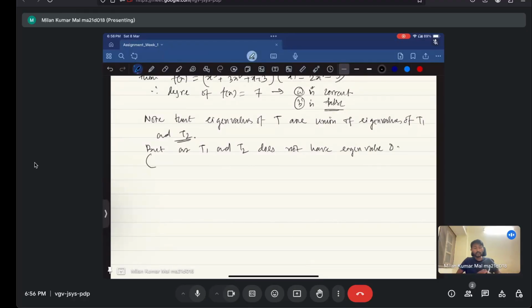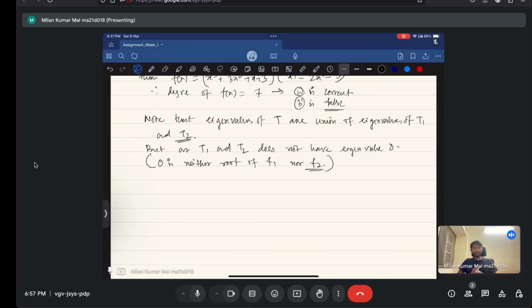Why do T1 and T2 not have eigenvalue 0? Because 0 is not a root of f1, and 0 is neither a root of f1 nor f2, because the minimal polynomial should contain all the factors corresponding to the eigenvalues.